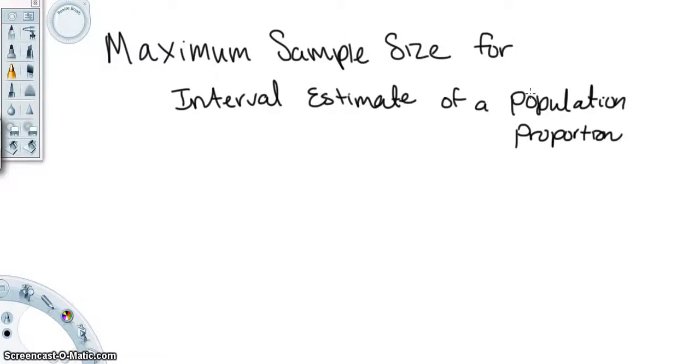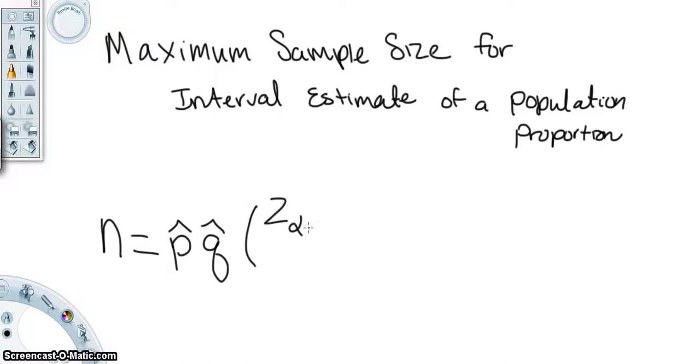Just like we do with our confidence intervals of a normal distribution, we also can find the sample size for the interval estimate of a population proportion. So to find our sample size, n is going to be equal to our p hat times our q hat times z sub alpha over 2 divided by e, which was our error estimate, and we're going to square that.